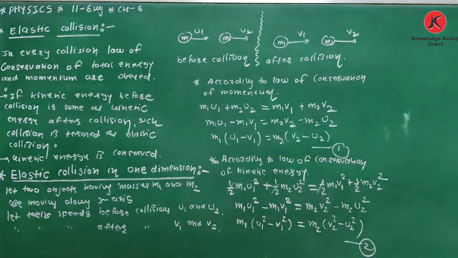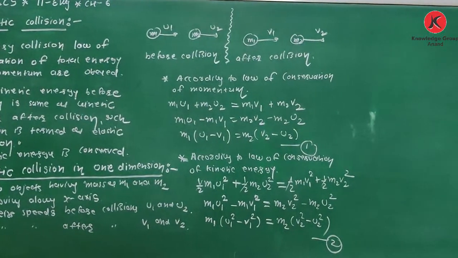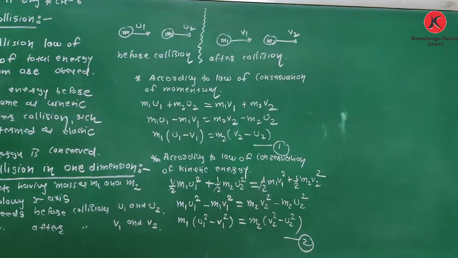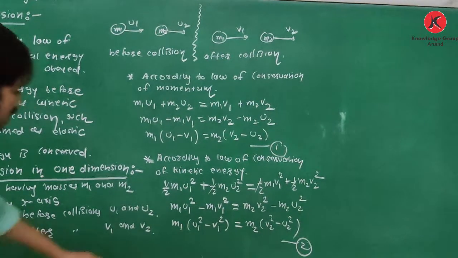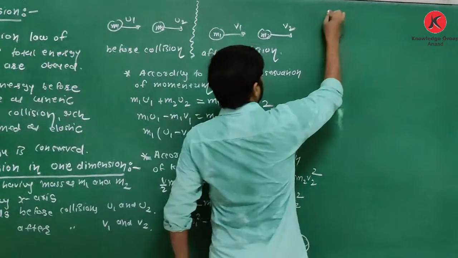Now we will take the ratio of these two equations, equation number 2 divided by equation number 1.